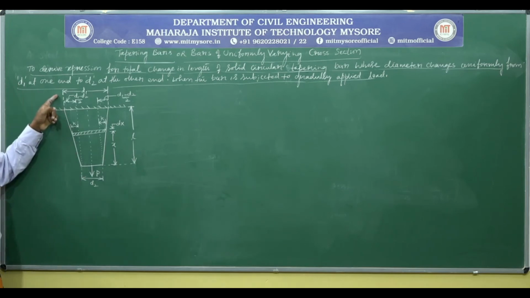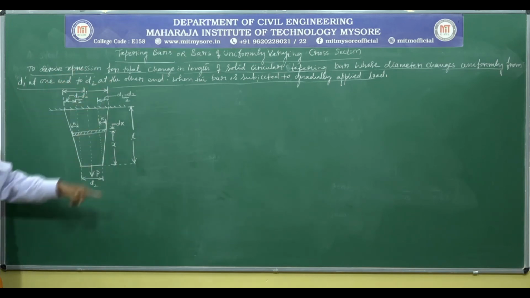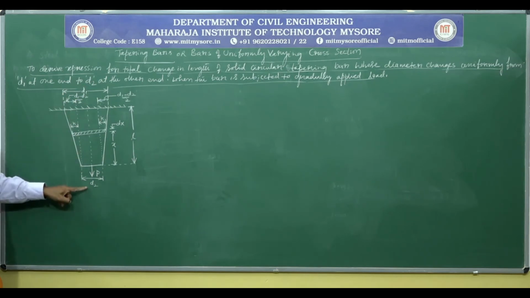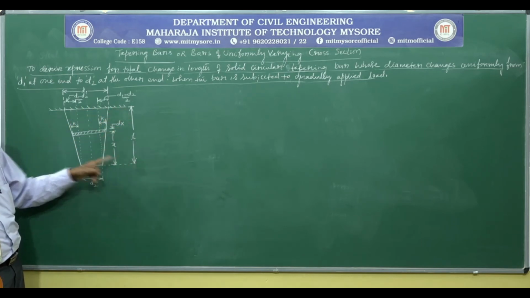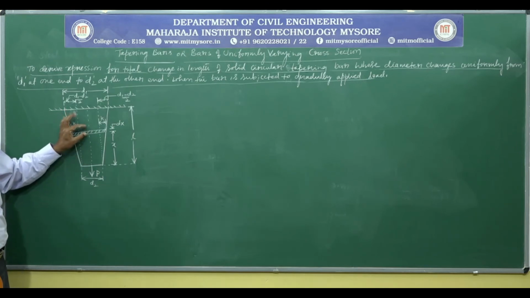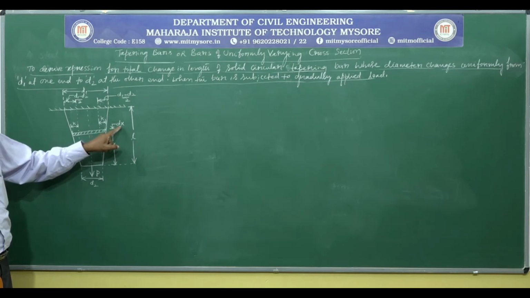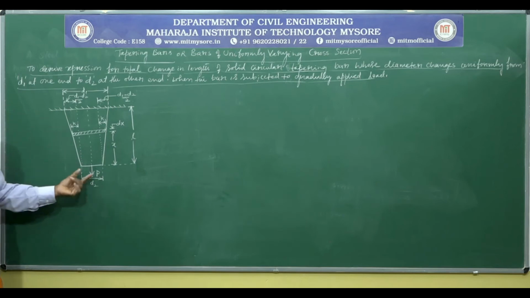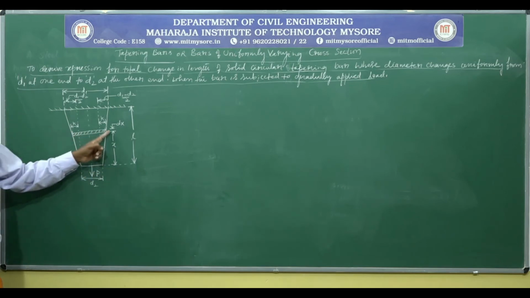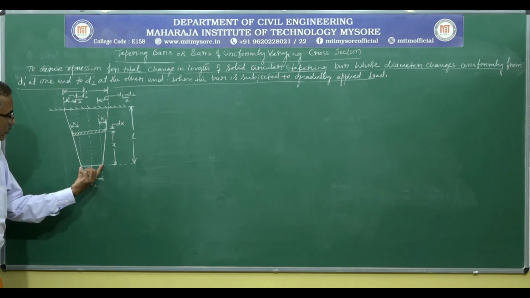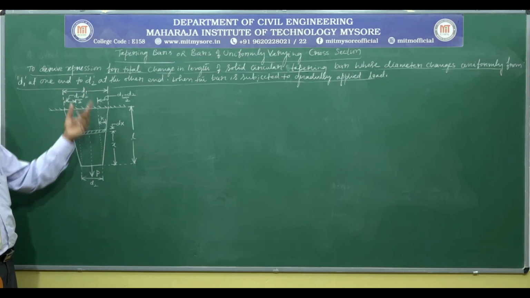So, we have considered a solid circular tapering bar whose diameter varies from d1 to d2. It is a solid circular bar. The length of the bar is L, and let us consider an elemental strip of this bar of thickness say dx, which is at a distance of x from one end. In order to find out the diameter of this elemental strip, let us project the smaller diameter of the bar in the upward direction.